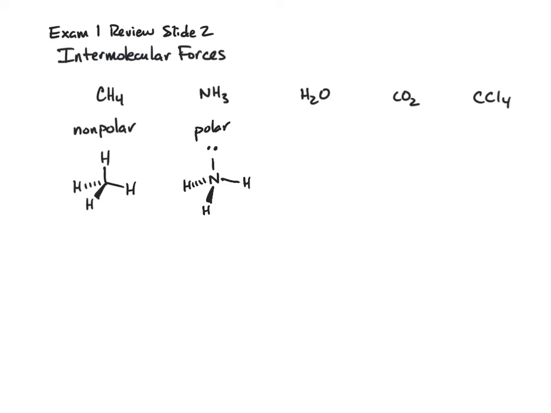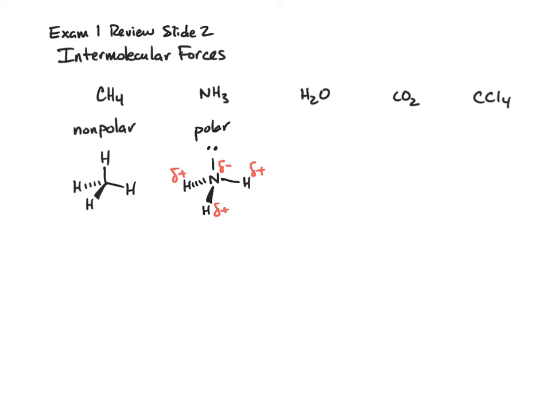You're saying it's polar. If you had to write 2 or 3 sentences why, you could do this sort of analysis. The nitrogen has a lone pair of electrons, so we can assign that as delta minus. That should be pretty intuitive. The hydrogen is going to be delta plus. Each of those are delta plus, and each of those has a bond dipole.